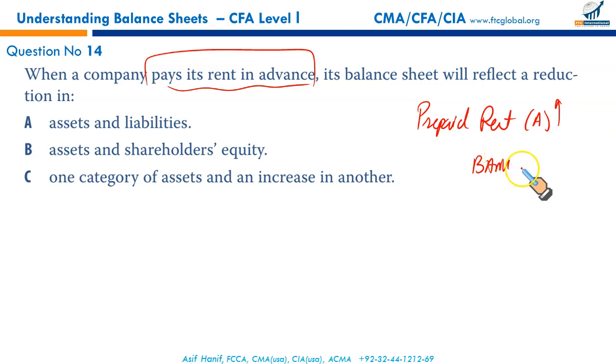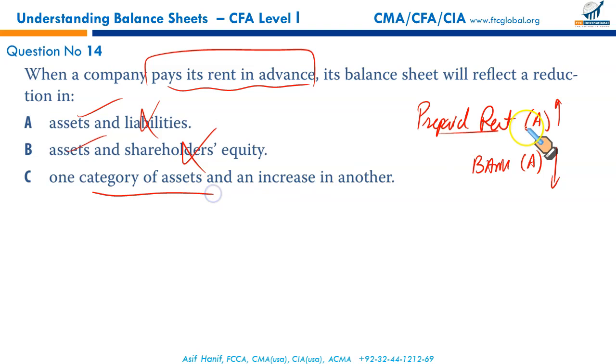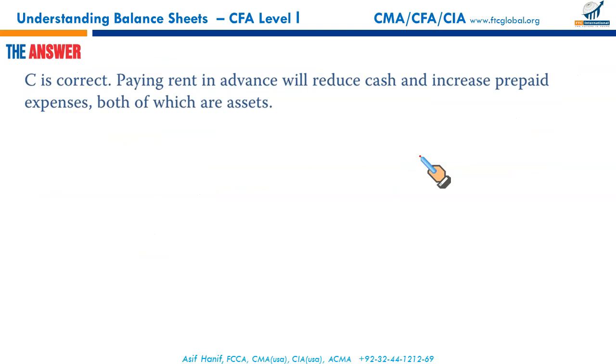Since you have paid rent in advance, your bank is decreasing, another asset is decreasing. So there is no liability involved, no shareholder equity involved. One category of asset is increasing, another category of asset is decreasing. This is perfectly right. It will reflect a reduction in your bank and an increase in the prepaid rent. That makes C the correct option.